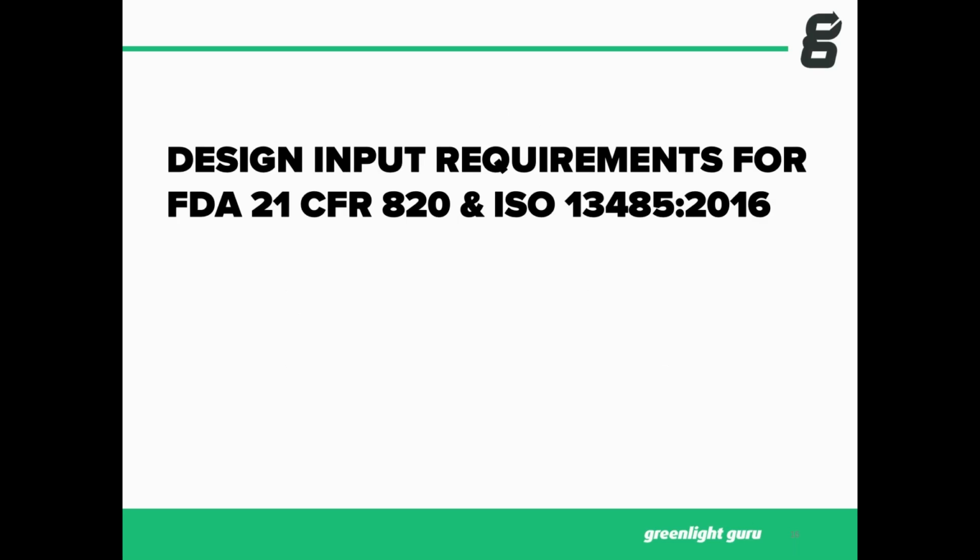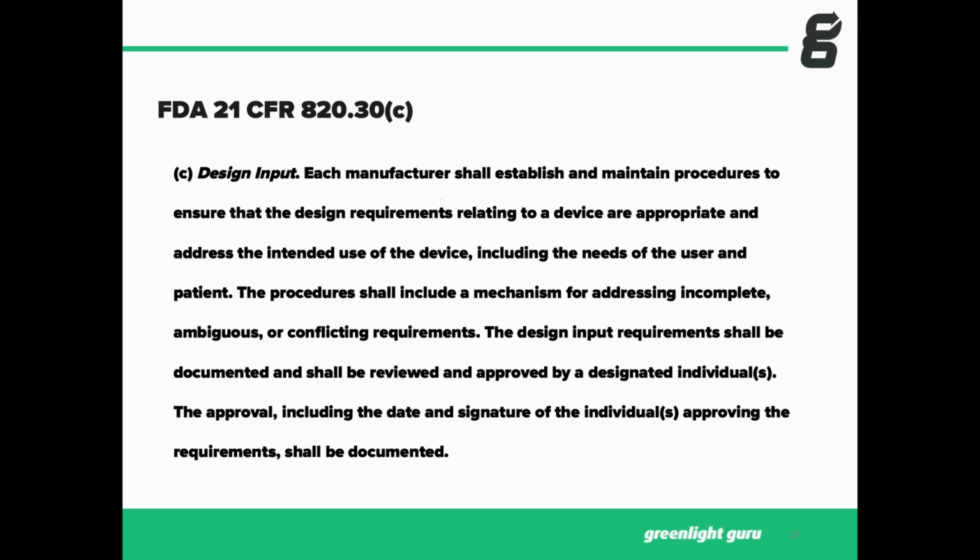I'm sure you all are very aware, or probably know just as well as I do, that these things are defined in the regulations. Design inputs are part of the design control regulations in 820.30, subpart C. Basically, this defines the rules, if you will, from an FDA perspective of what a design input is.